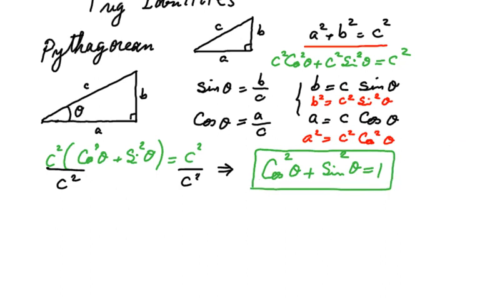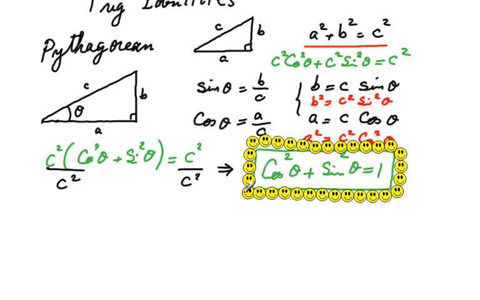Okay, so that's the grandfather of all the identities we are going to be looking at, so it makes sense to put it in some attention. So sine squared plus cosine squared is equal to 1.